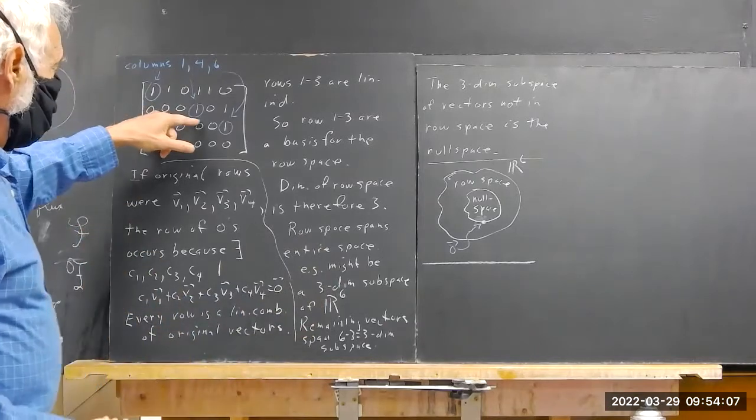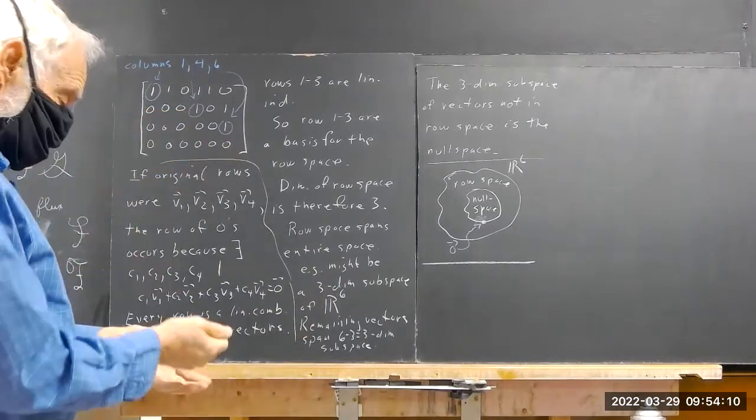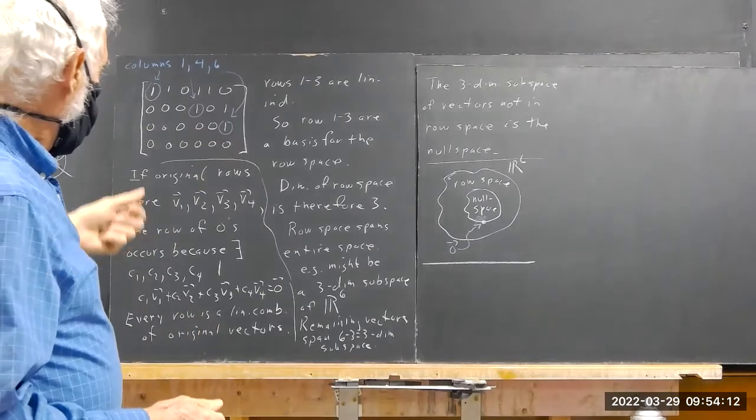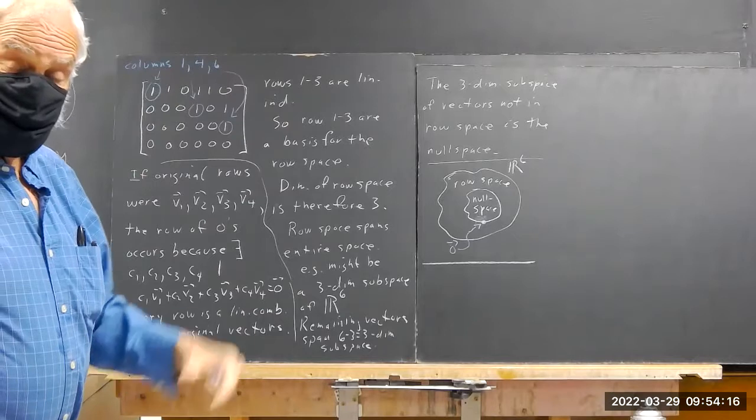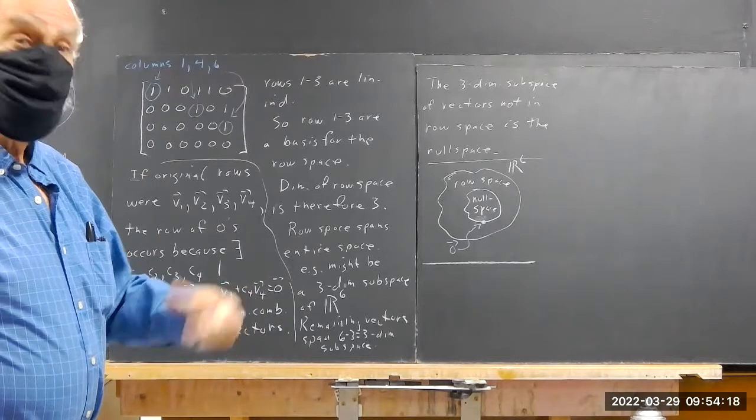Bunch of zeros and then a one. Bunch of zeros and then a one. Okay. Columns 1, 4, and 6 of the original matrix, therefore, span the column space.